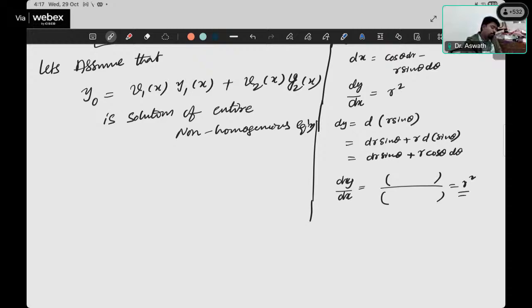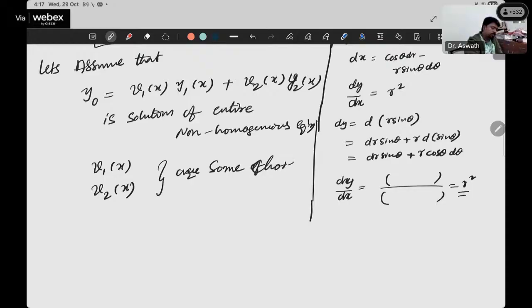Now where v1(x), v2(x) are some choice of functions. How do I find some choice of functions? Probably by some technique.